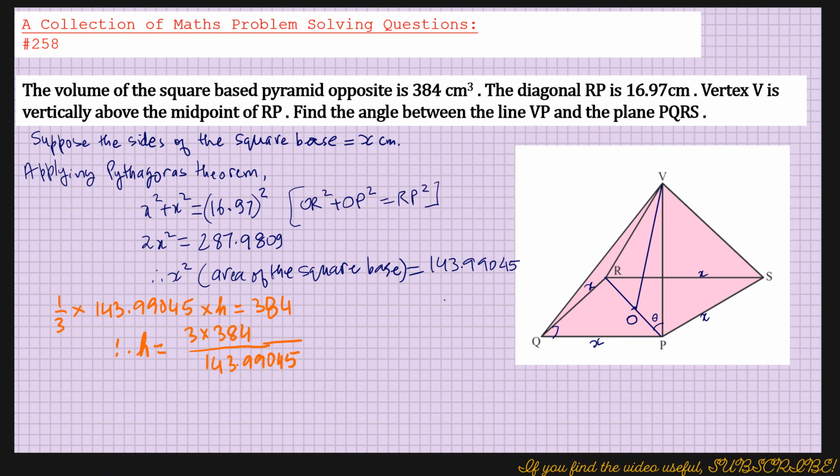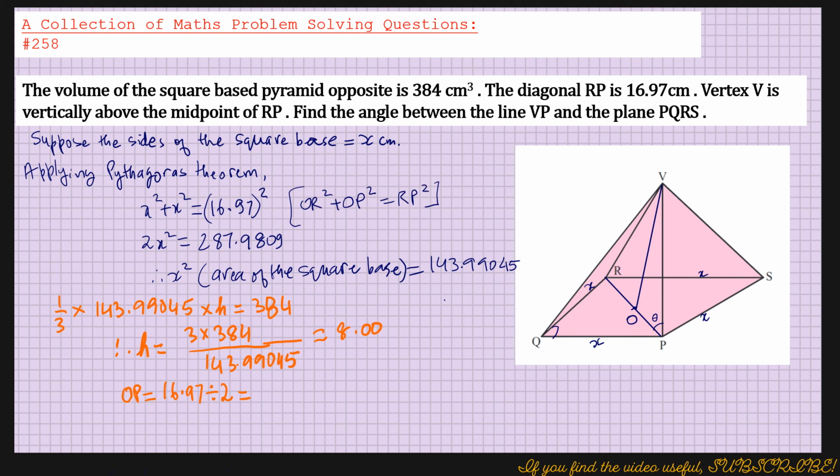Then h equals 3 times 384 divided by 143.99045, and from here I get approximately 8. It's not a perfect 8, but ignoring the other decimal places, we say approximately 8.